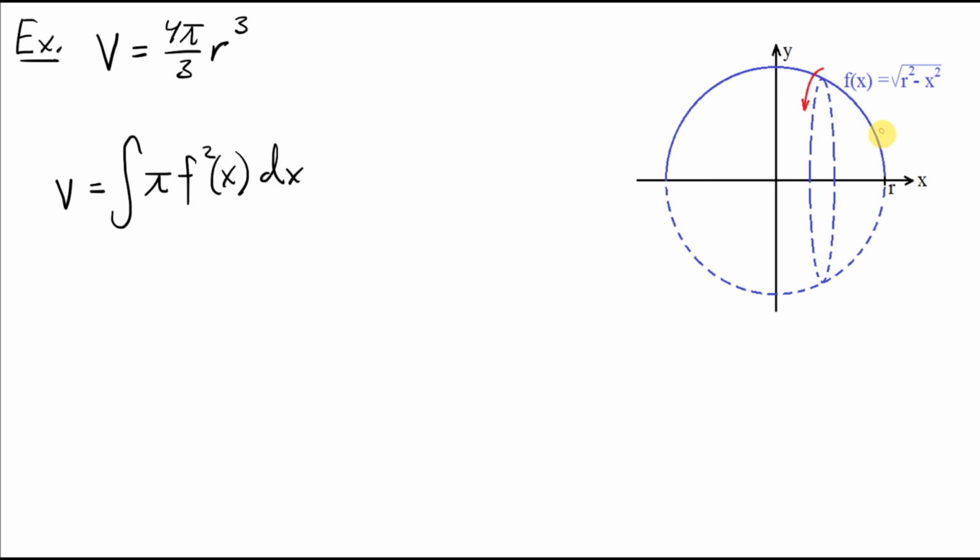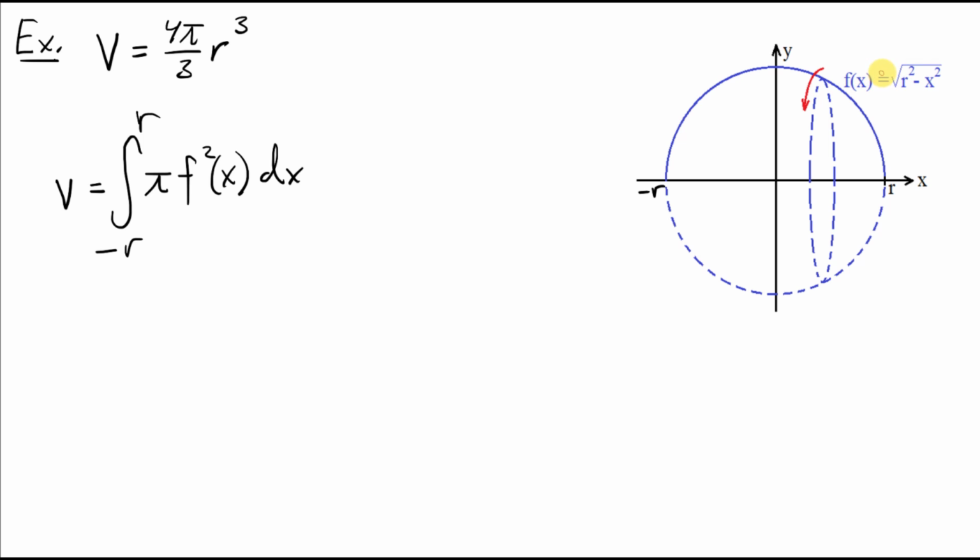We want to take this half circle and rotate it around the x-axis. So we go here from minus r to r, the radius of the sphere. And remember that r is just a constant in this case, if you have chosen a sphere. And here is written the function of this half circle.